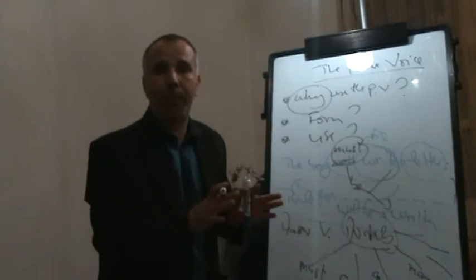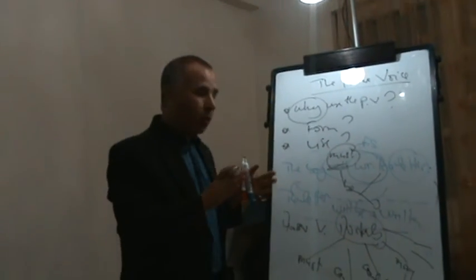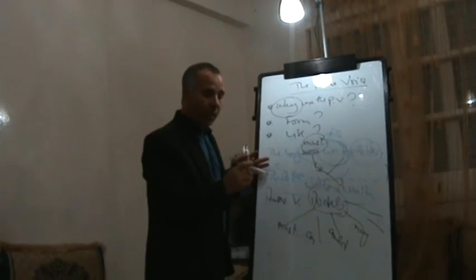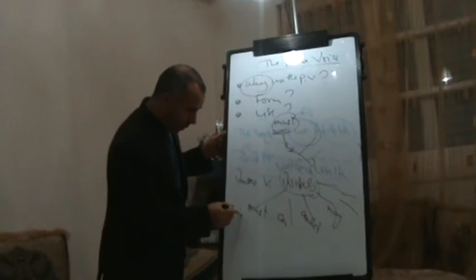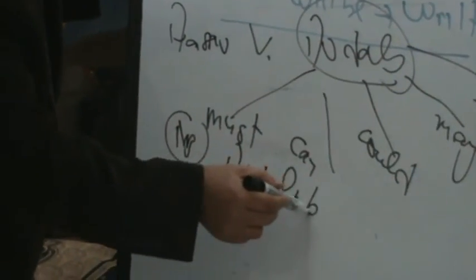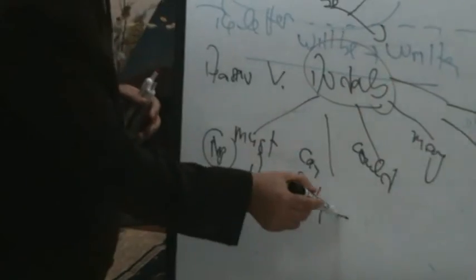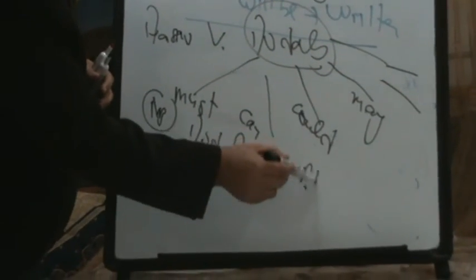So the rule here is simple. I guess you already deduced the rule. What is it? The rule is this: modal plus be, plus, of course, the past participle of the verb plus by. So look at this, please. Modal plus be. Very simple.